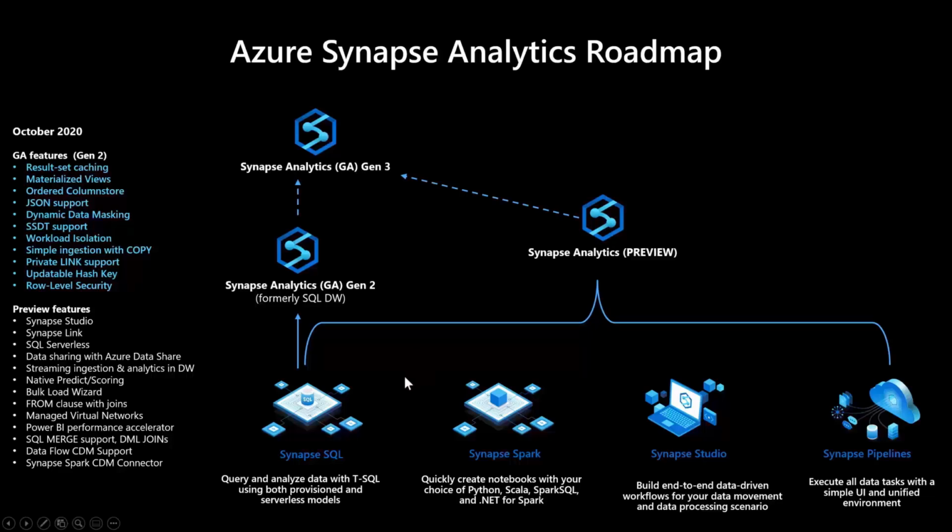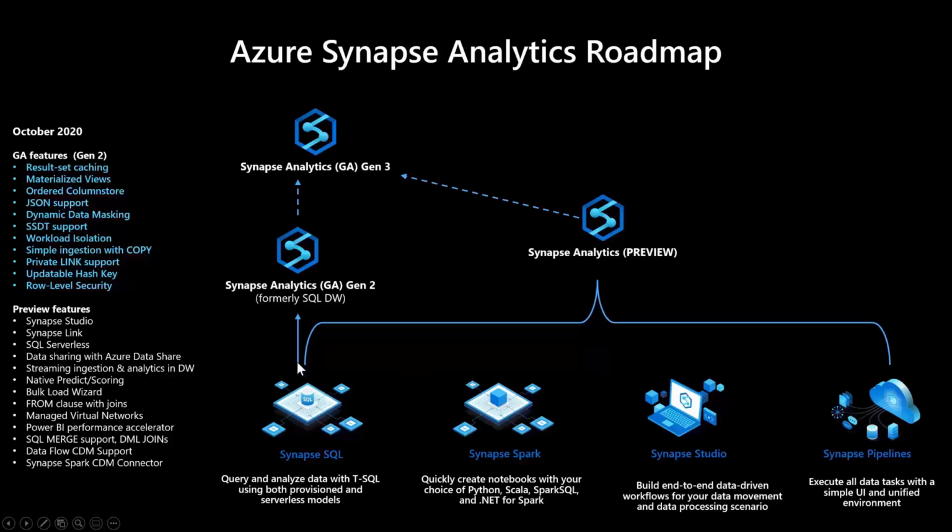And in November last year, it entered into preview. So Synapse Analytics contains SQL, both on demand and provisioned, the Synapse Spark pools, the studio experience, which we'll go through in the demo, and pipelines and orchestration, right?